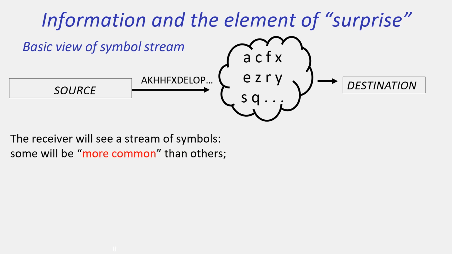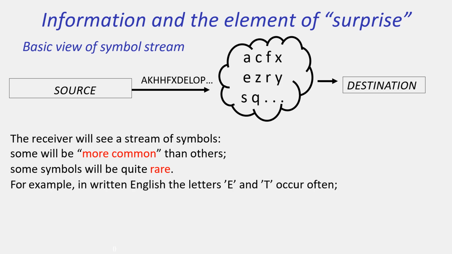Now, in English and most languages, some symbols are going to occur more frequently than others. And some symbols are going to be fairly rare. So, for example, in English written text, the letter E, the letter T, occur quite often.